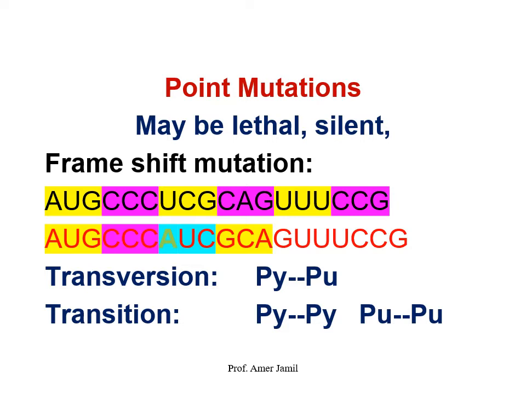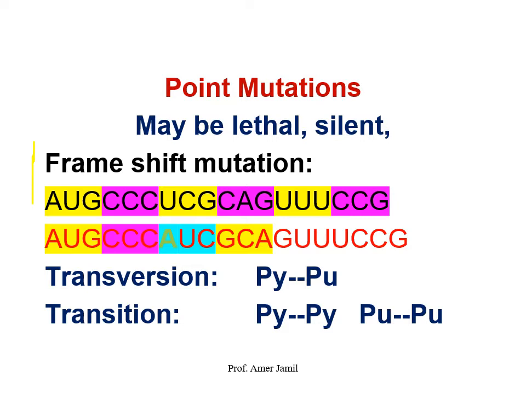So here is one example of frame shift mutation. This is a sort of mutation where the whole frame is shifted. It may take place by addition or deletion of a nucleotide. Like here in this example, this AUG codes for methionine, similarly CCC codes for some amino acid, and similarly these UCG and all that.